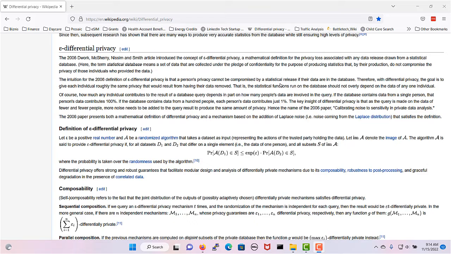What this is really saying, a couple key clauses, focus on A, be a randomized algorithm that takes a data set as input. You could do other things, but let's just assume whenever we're thinking about this for the rest of this video, that randomized algorithm is we just add some noise to all the interesting columns of the data set.